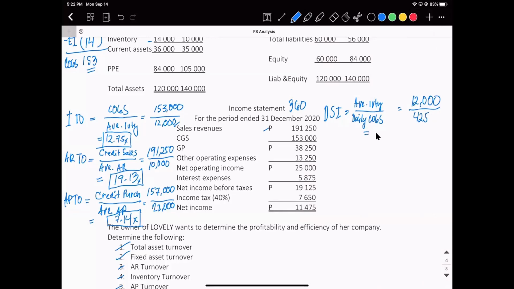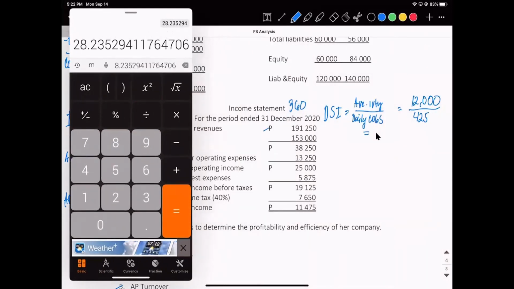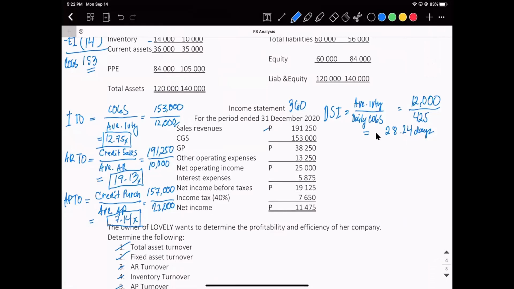So, our days inventory is 12,000 divided by 425. Okay, so we have 28.24 days. Tama? Okay, 28.24 days. Next, for DSO, the formula is average AR divided by daily credit sales.